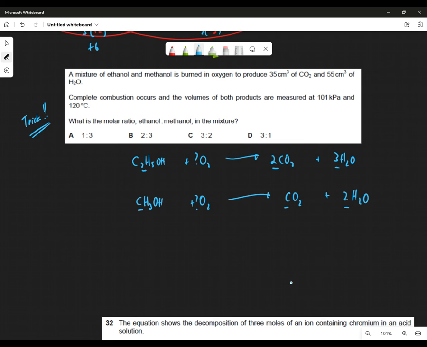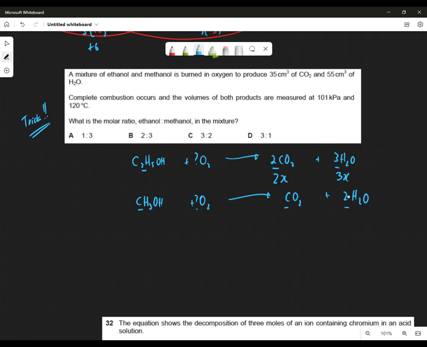All right. So now, what does that mean? If the number of moles of ethanol is X, then the number of moles of carbon dioxide is 2X, and the number of moles of water is 3X.